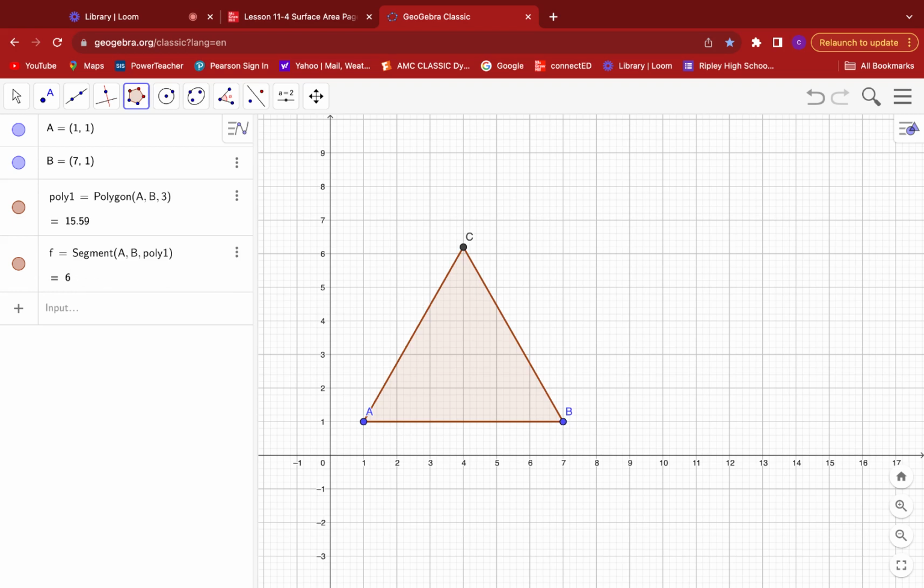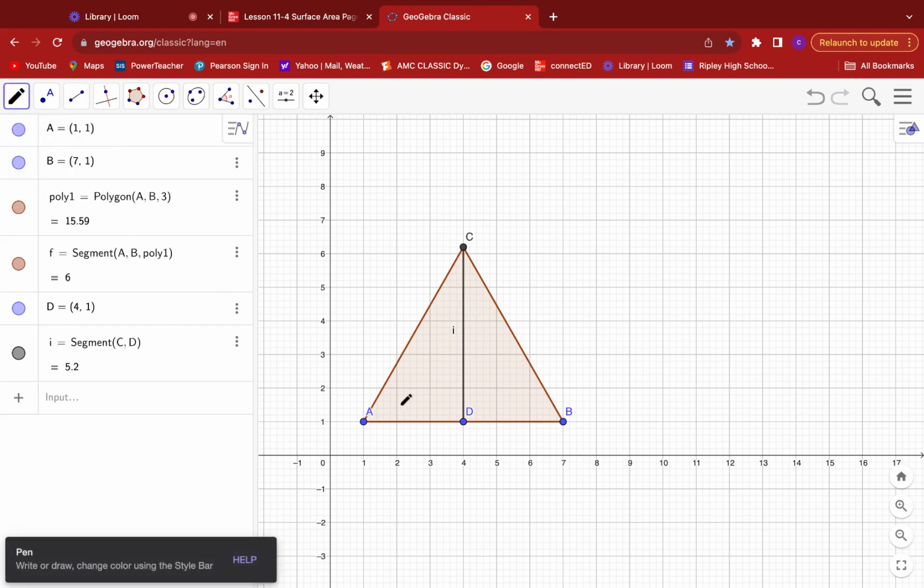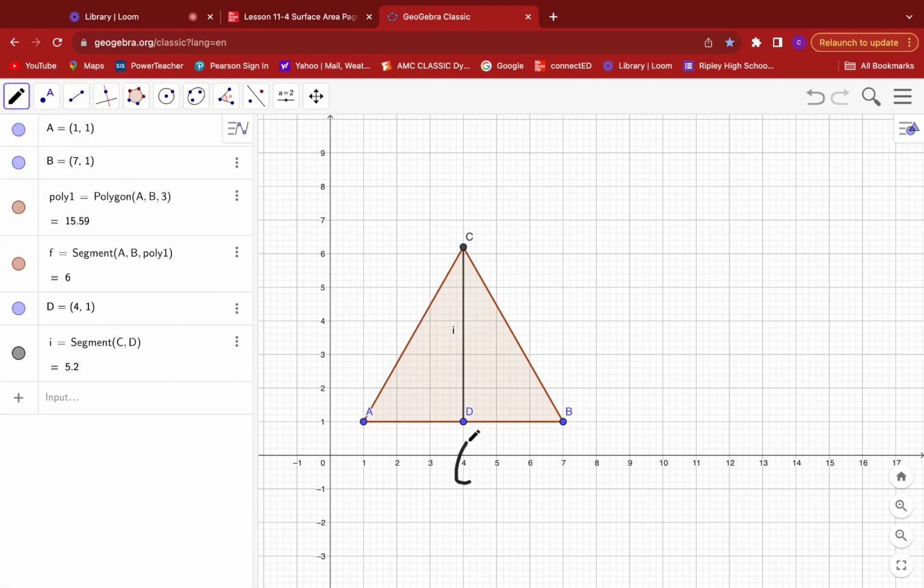The formula for the area of a triangle is 1/2 base times height. So I need to find the height here so that I have 1/2 base times height. Well, remember, this is an equilateral triangle.